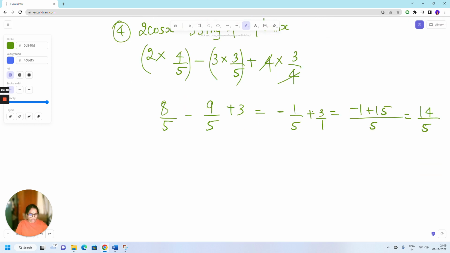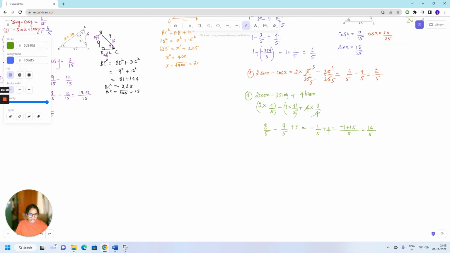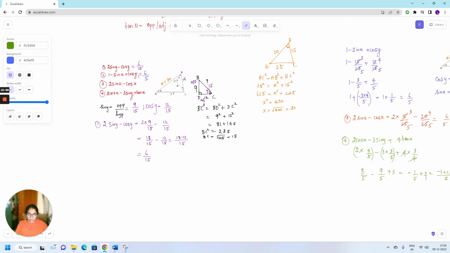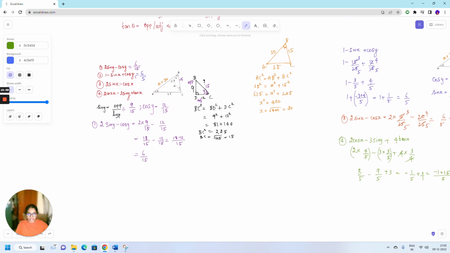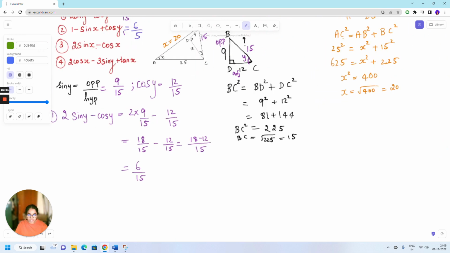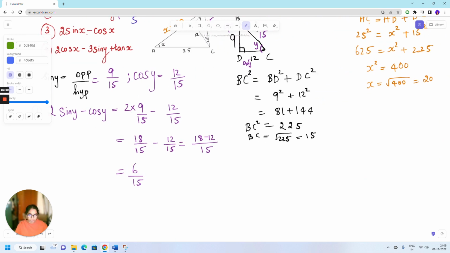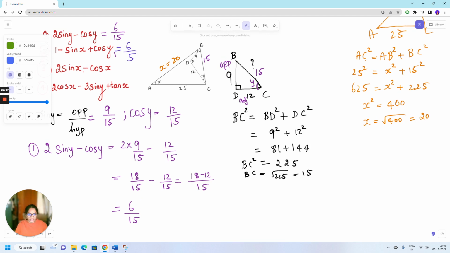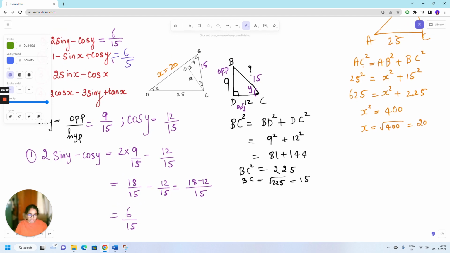So what did we study in today's class? We tried solving a trigonometric problem. We had two triangles, triangle ABC, and B, D and C. So I wrote triangle BDC over here, which looks something like this.